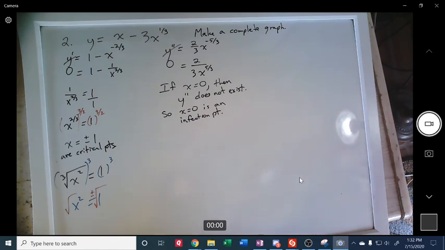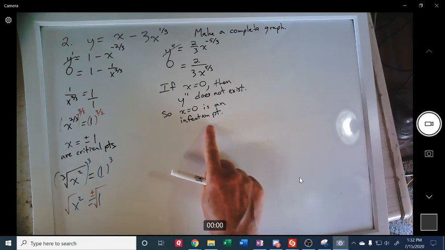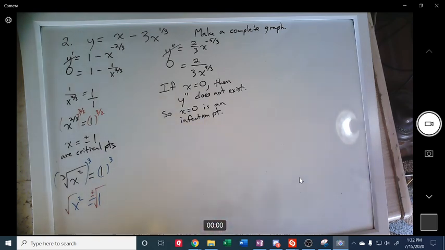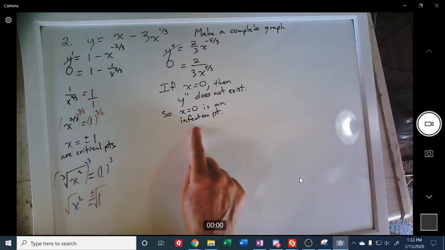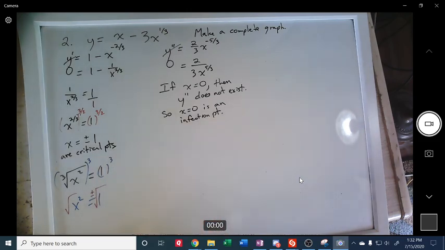That's super important for our tables because you can change concavity across this point. If you don't see that, you'd think, well, same concavity, and you'll get the graph wrong. So it has 2 critical points, and it has 1 inflection point.